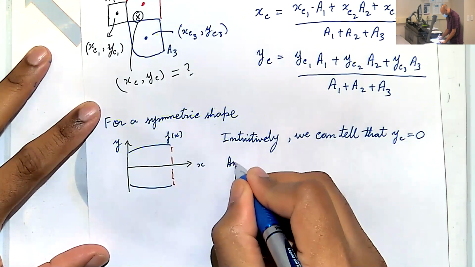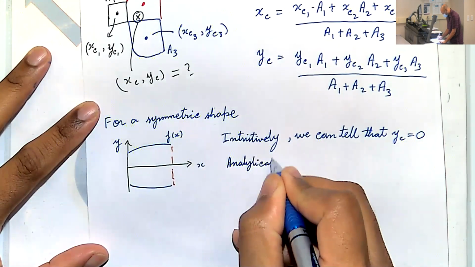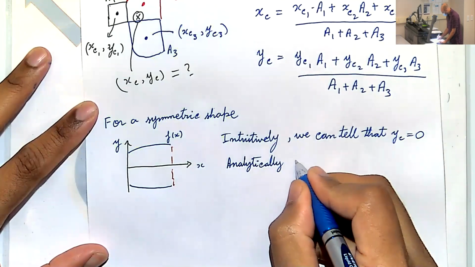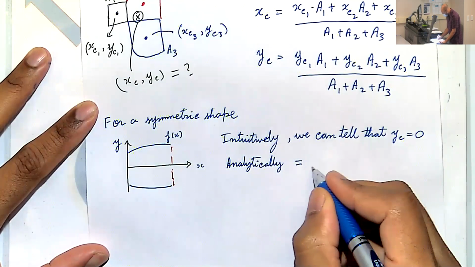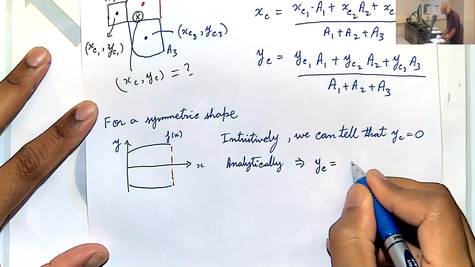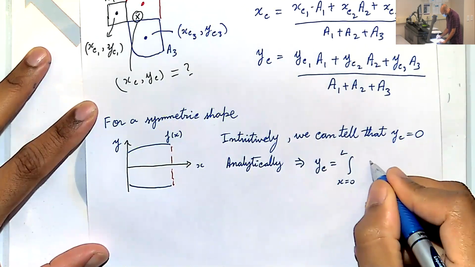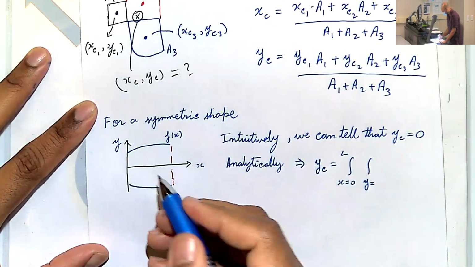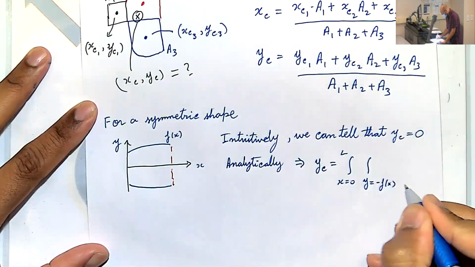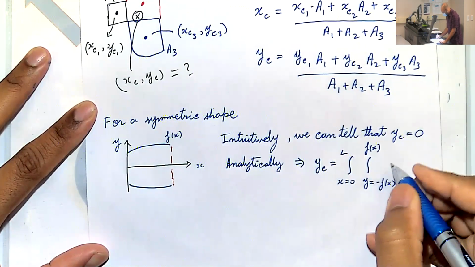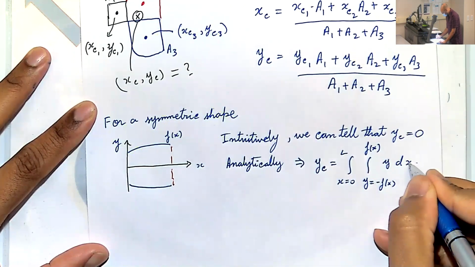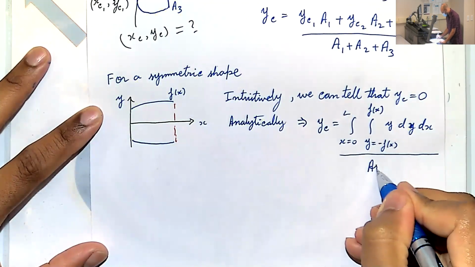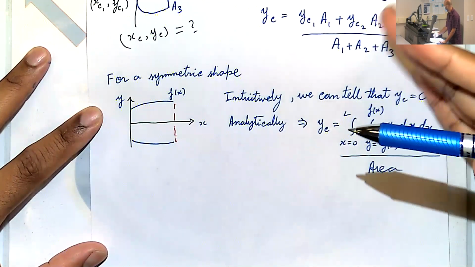So analytically, just to show that the integral indeed gives us 0, we have y centroid: x goes from 0 to L, y goes from, this time, negative f(x) to plus f(x). And inside we have y dx or dy dx. Divide this by area. So this is the same formula that we had written earlier.